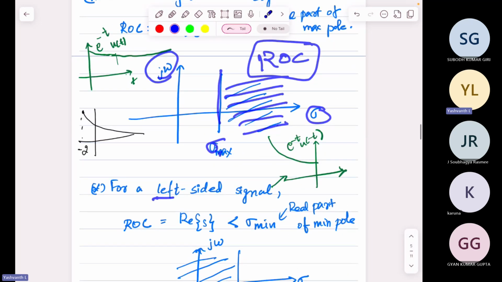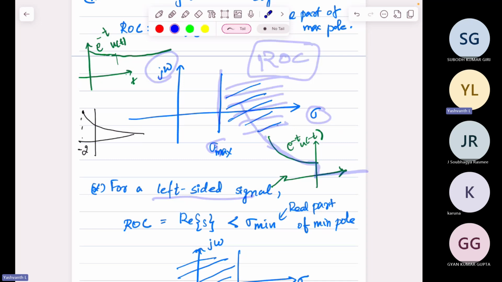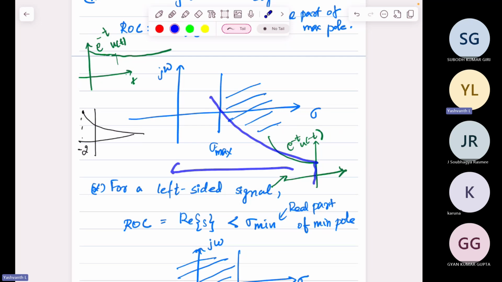Similarly, this is a left-sided signal. After t equals 0, it goes to 0. It has non-zero values towards t tending to minus infinity, but towards t equal to infinity it becomes 0. Here at t equal to 0, x of t also becomes 0. In time domain, it's called a left-sided signal, not a right-sided signal.